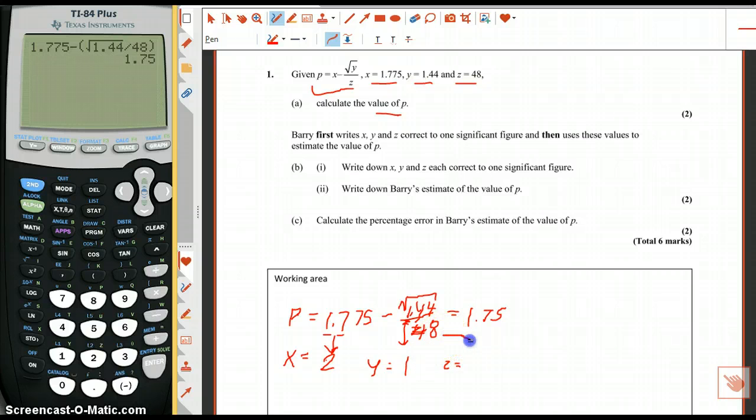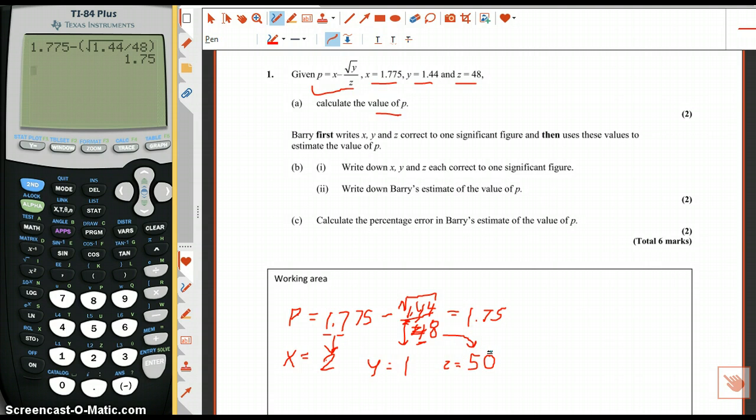Z is originally 48. One significant figure would be the 4. Are we going to keep 4? We're going to round it up to 5, because 8 rounds it up. But 48 is not approximately 5, it's approximately 50, so we do need to put a placeholder 0 there. Okay? Alright, now that is the answer to B1.